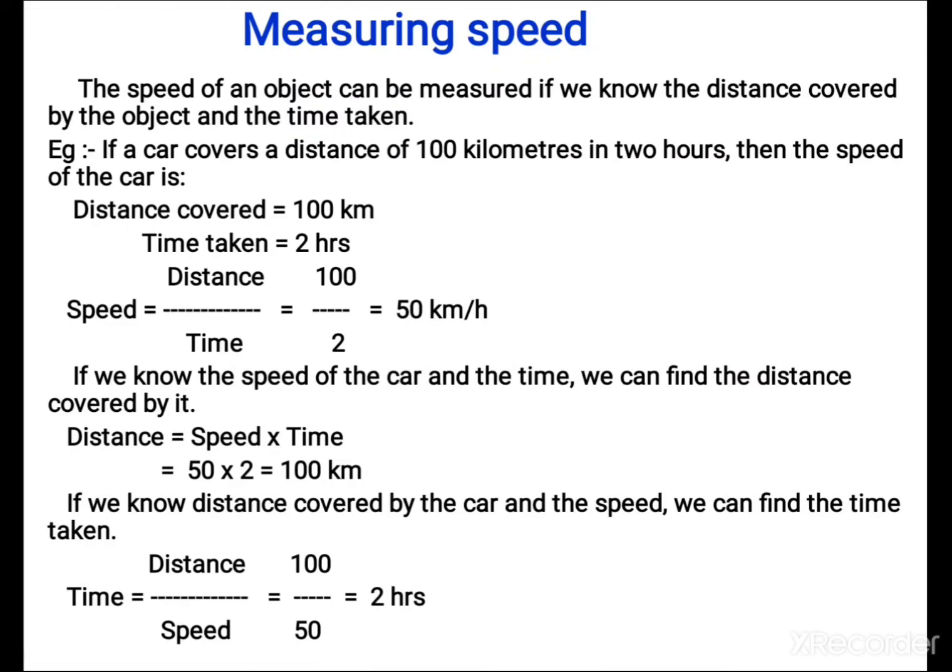And if we know distance covered by the car and the speed, we can find the time taken. Time is equal to distance upon speed, that is 100 upon 50, and the answer is 2 hours.